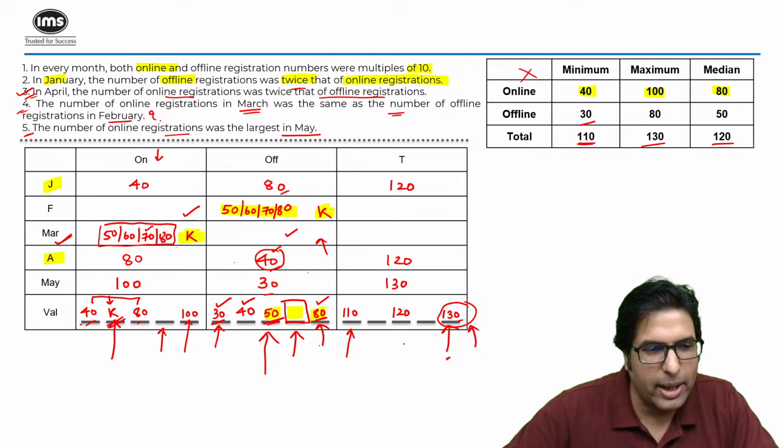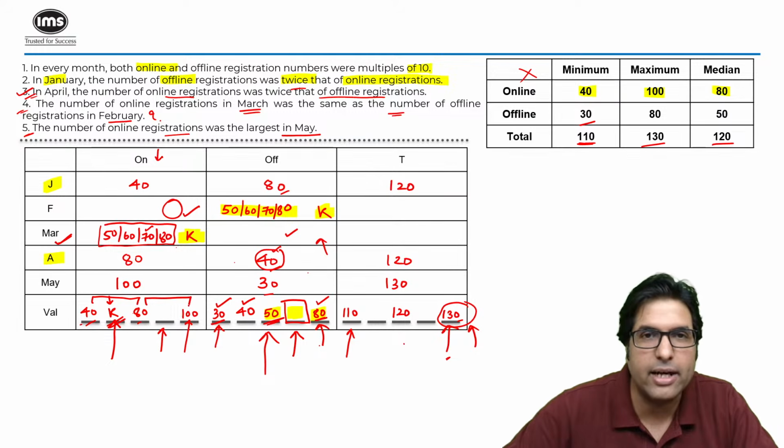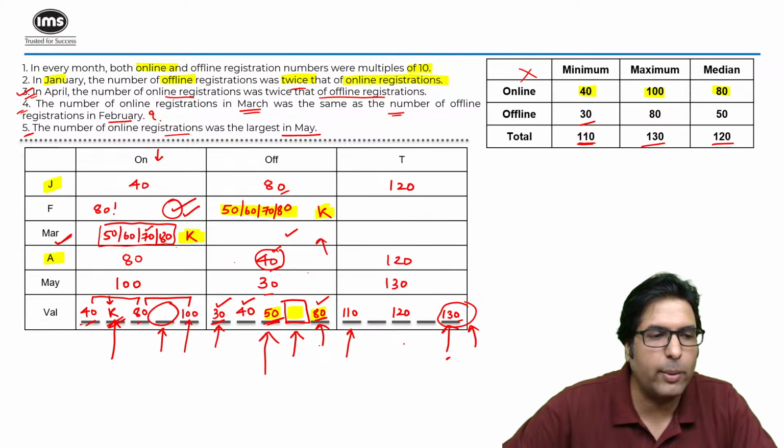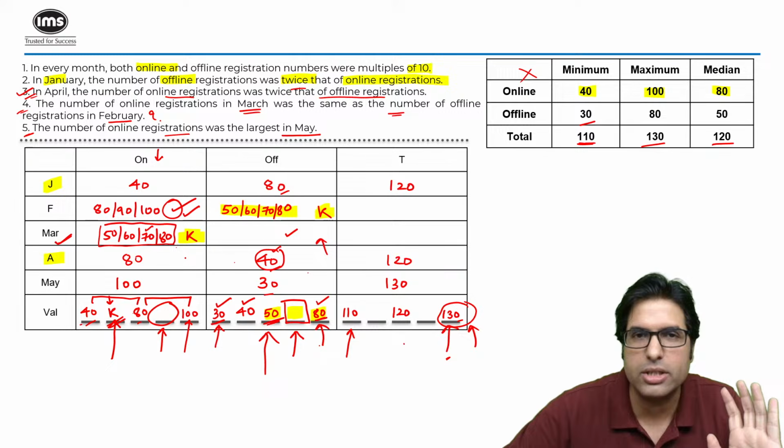Now this empty box for February has to have a value between 80 and 100. So can I say this empty space for Feb must necessarily have values of 80, 90 or 100? These are the only 3 possible choices.